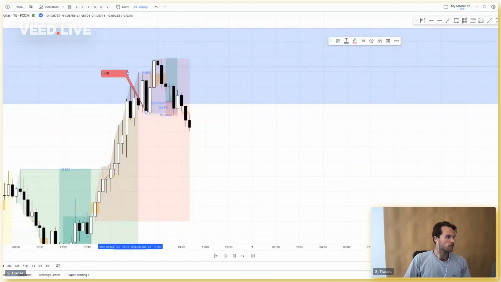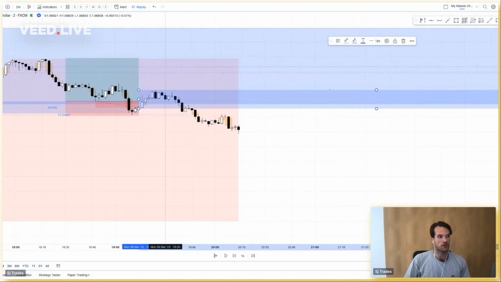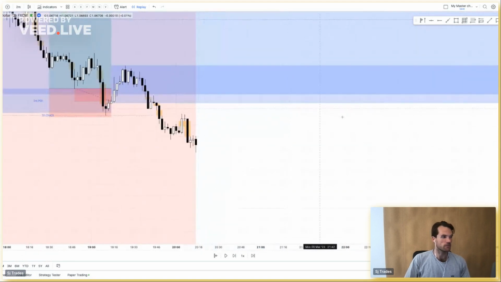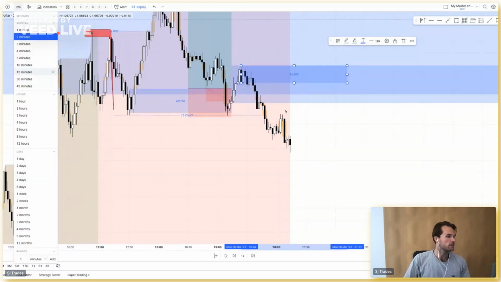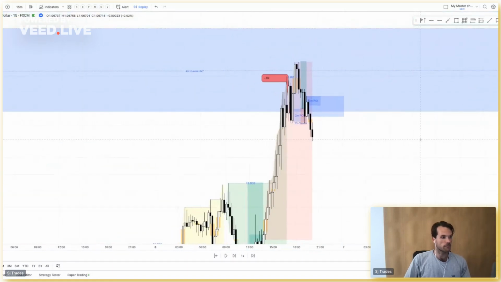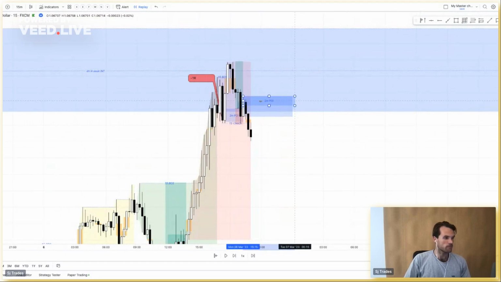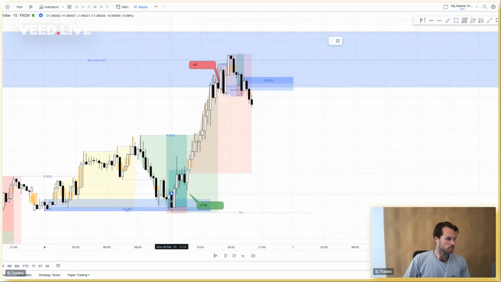And really, we're at a choke in a 4-hour point of interest. So essentially, this is where we're trying to get short from to start with. Our first one there. You're looking at the point that led to the choke. Let's see. And then at this point, we're targeting 15-minute demand.